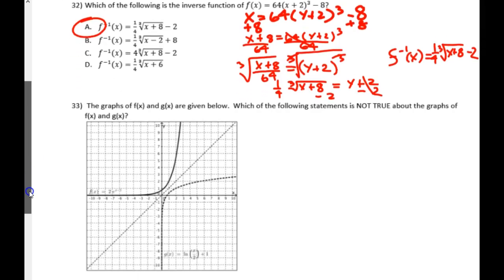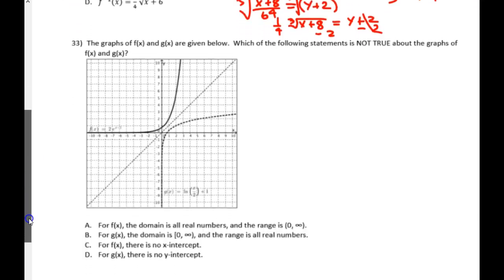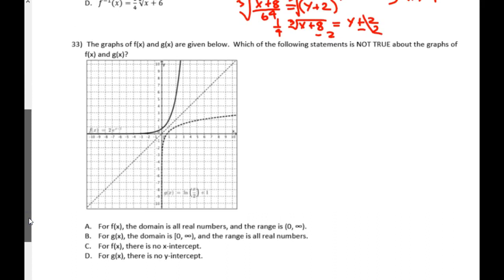Last one. Which one is not true? Okay, so this is f, this is g. For f(x), the domain is all real numbers. Yes. The range is from 0 to infinity. Yes. For g, the domain is from 0 to infinity with a bracket. No, it has to be a parenthesis. It does not touch.